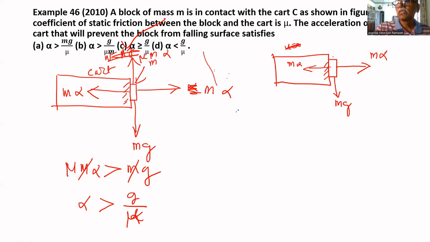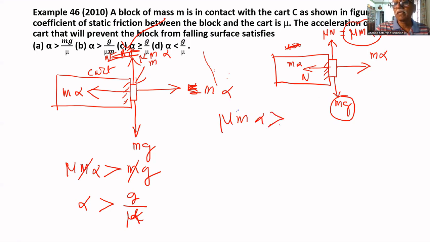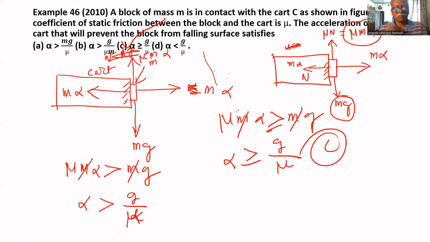To avoid a fall, the opposing force must be greater than mg. That force is mu n, where n equals m alpha. So mu m alpha must be greater than or equal to mg. M gets cancelled, so alpha must be greater than or equal to g divided by mu. Therefore, C is the answer.